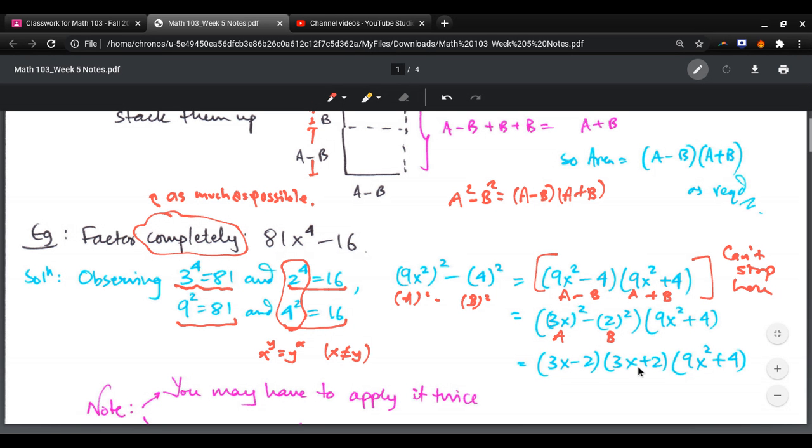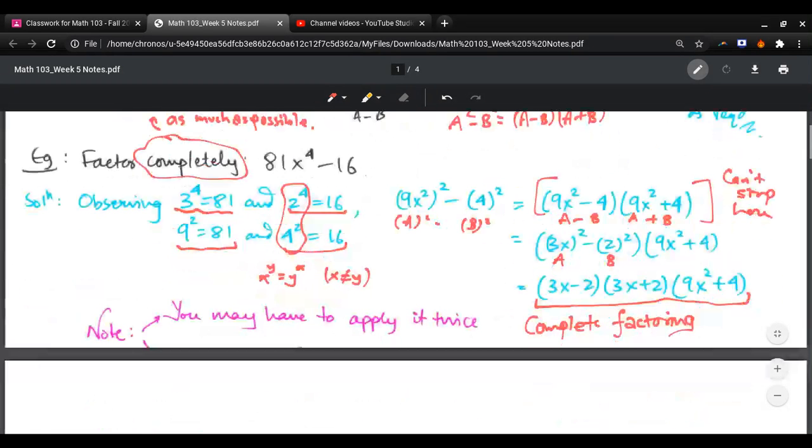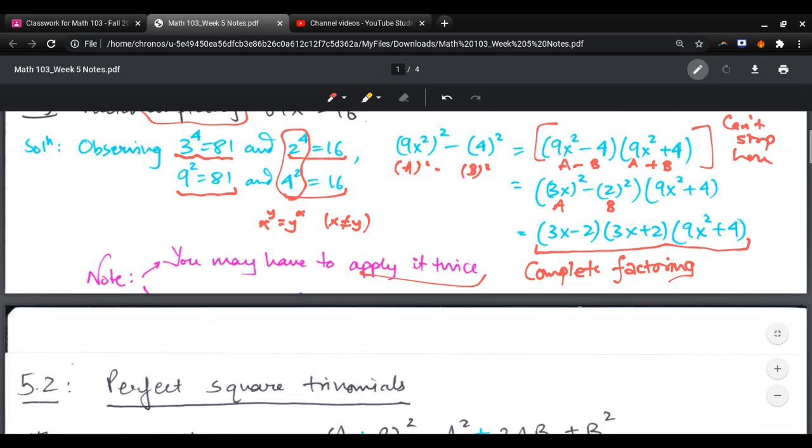And it gives me 3x minus 2, 3x plus 2, and a 9x squared plus 4. So that's what we would call the complete factoring. So you may have to apply it twice. That can happen if you're factoring completely.